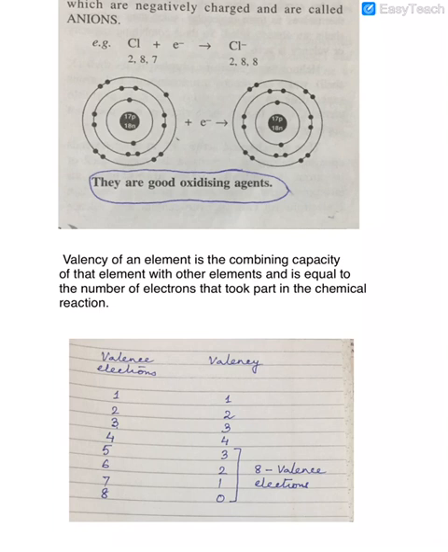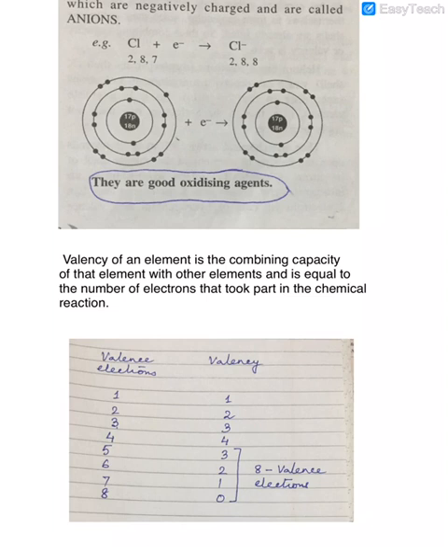Now chlorine is generally negatively charged, and these are called anions. Metals are very good reducing agents and anions are very good oxidizing agents.